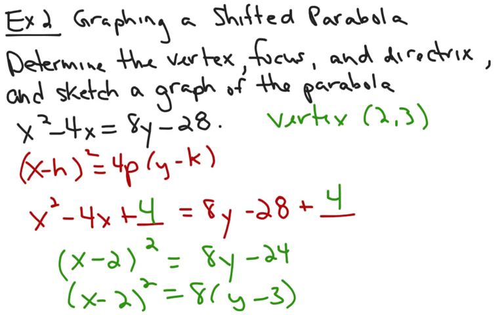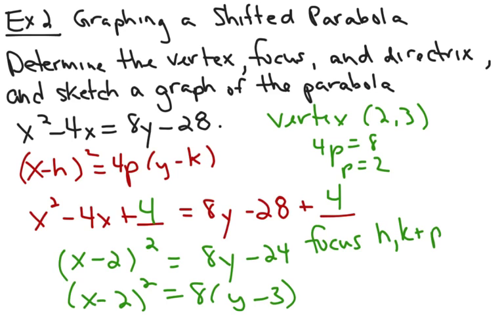In order to find the focus and the directrix, I need to find p, so 4p is equal to 8, so p is equal to 2. The focus is at (h, k + p), so in this case it's at (2, 3 + 2), which is (2, 5).